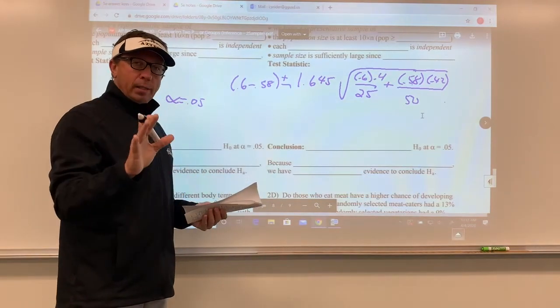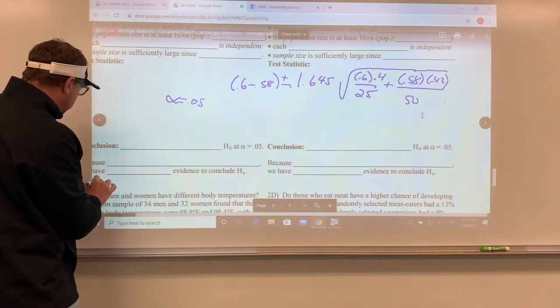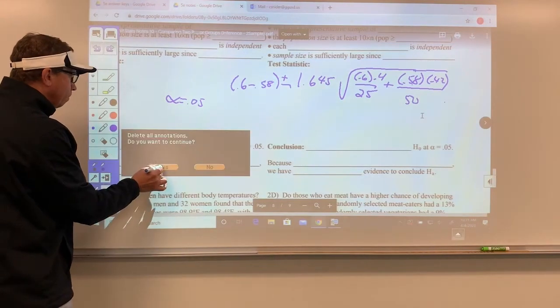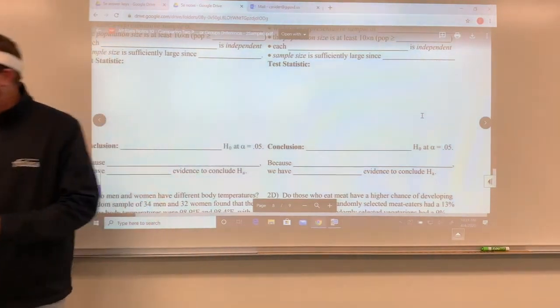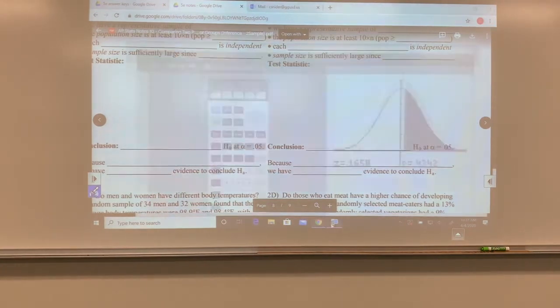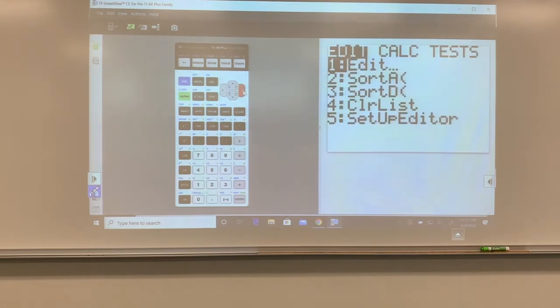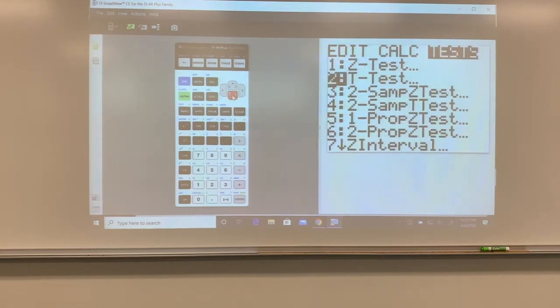So let me pause this, and I'm going to turn this off and go over to the calculator to finish it, okay? All right. So I'm going to go stat tests, and I'm going to do a 2-prop z interval.